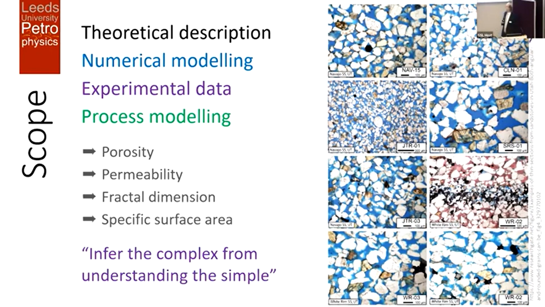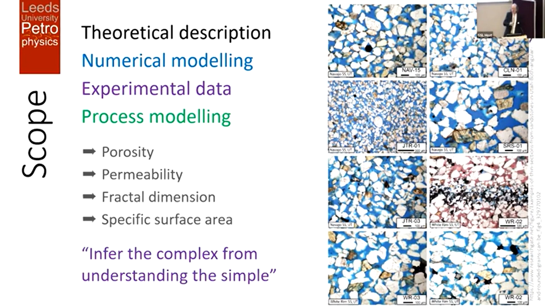And what I want to do is to look at some porosity, some permeability, of course, because that's the title of this session, the fractal dimension of the rock, and the specific surface area, although those last two only to a small extent. We have in rocks a complex system, and it's already been alluded to by Scott that we perhaps look forward to seeing a nice bead pack sort of solution.